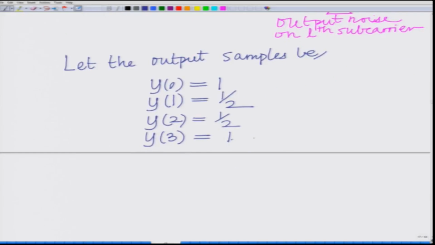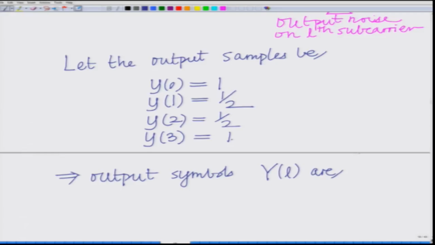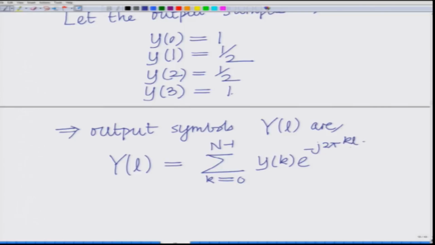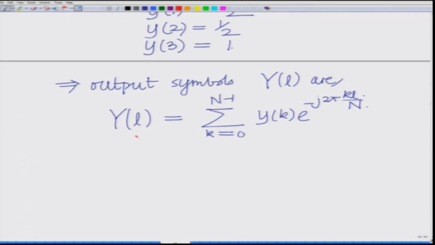Therefore, the output symbols capital Y_l are given by the FFT of the time domain samples small y_k, that is the sum over k equal to 0 to N minus 1 of y_k e power minus j 2 pi kl divided by N.